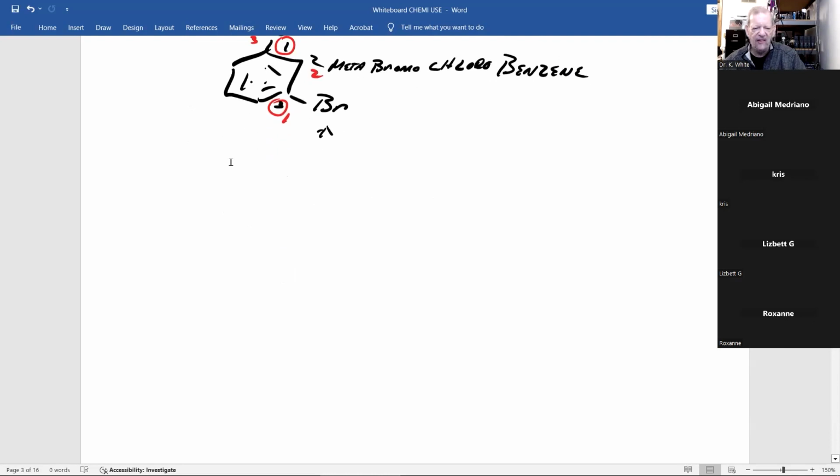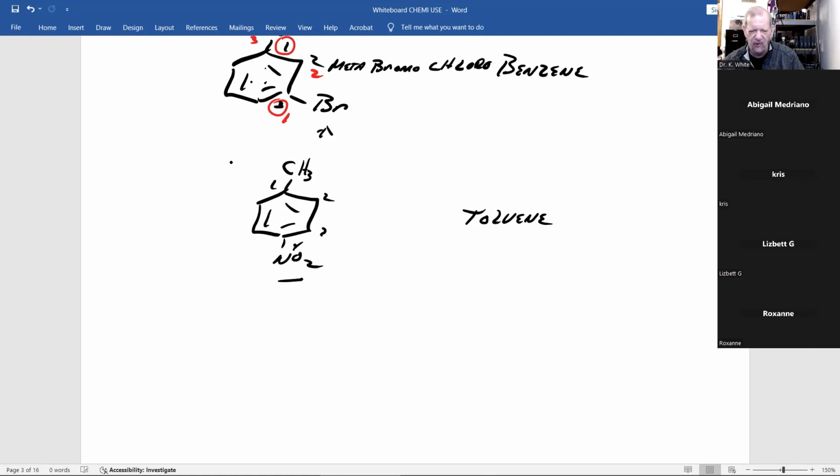Now, let's look at toluene. Now, toluene, the methyl group counts as a substituent, but it's always considered 1. So this is 1, 2, 3, 4.